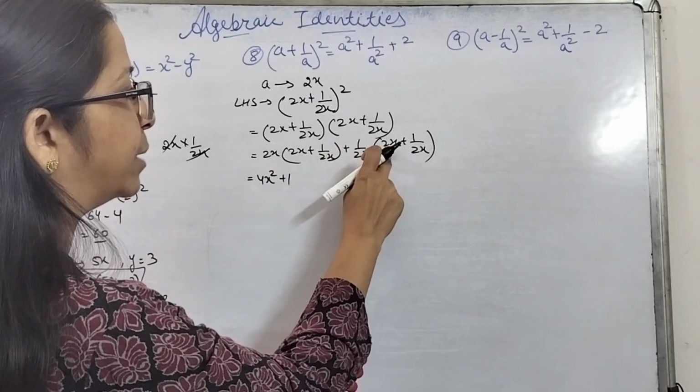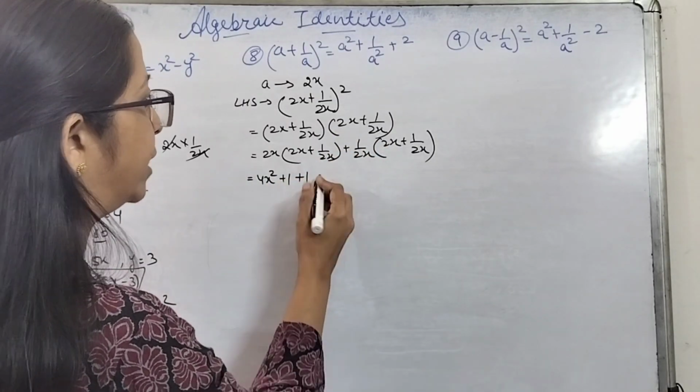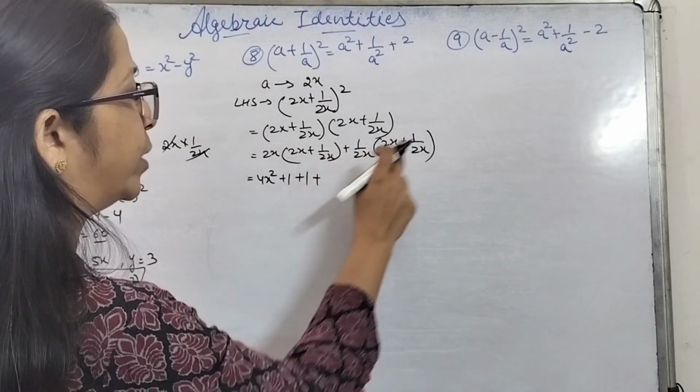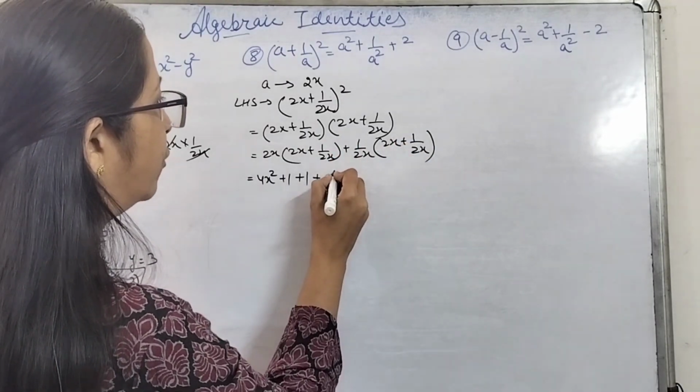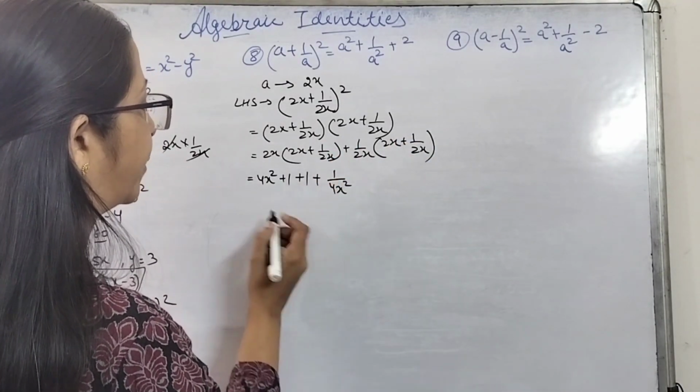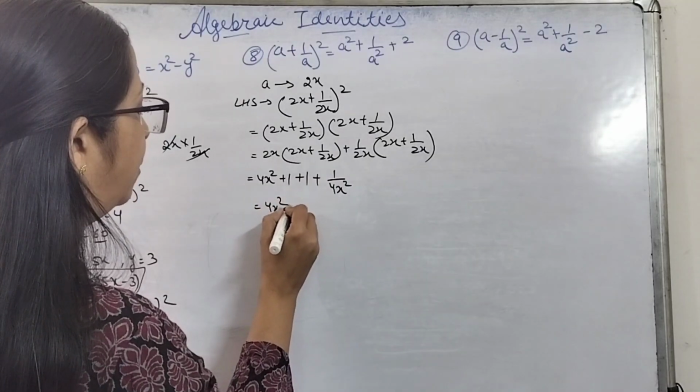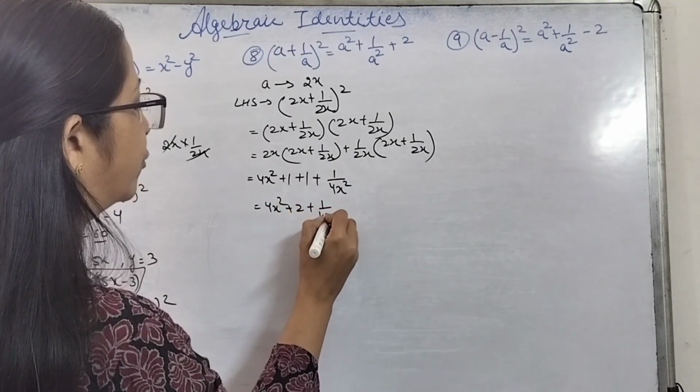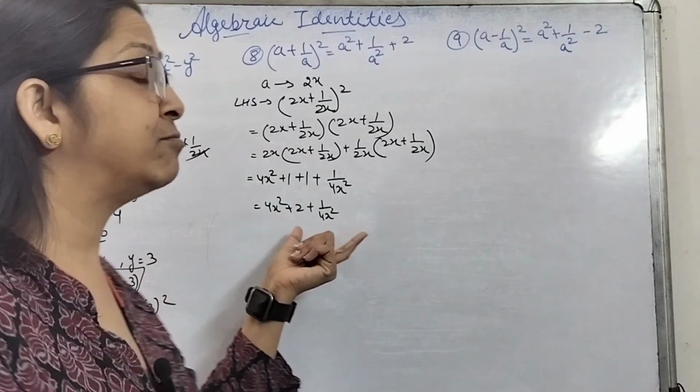Similarly, 1 upon 2x multiplied by 2x will be plus 1, and 1 upon 2x multiplied by 1 upon 2x will be 1 upon 4x square. So it will be 4x square plus 2 plus 1 upon 4x square. This is if we have multiplied it.